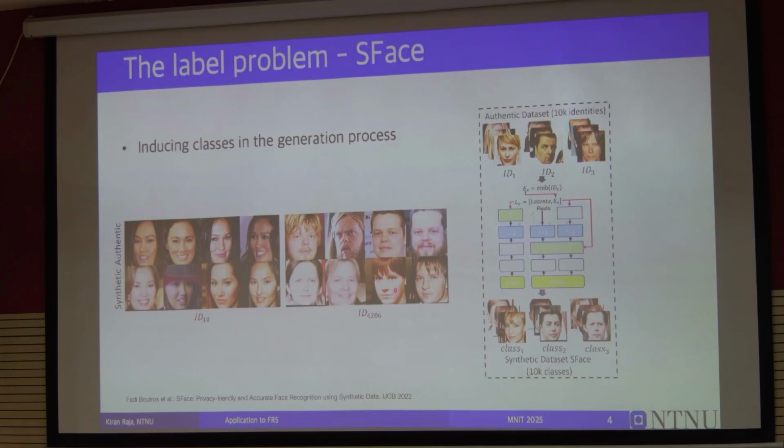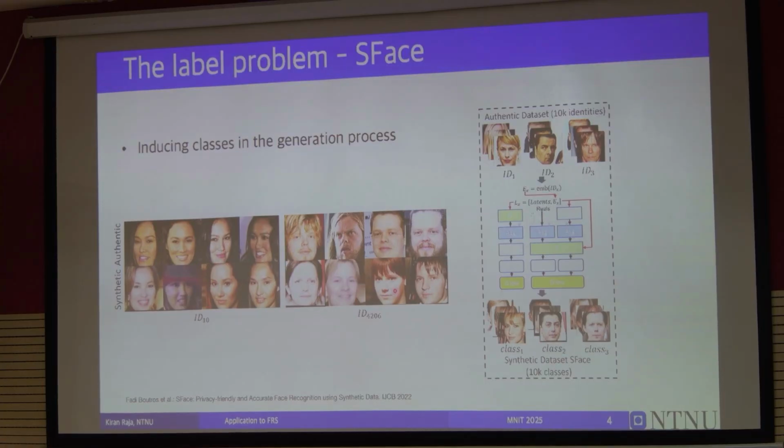Based on some identity which is available in the training dataset, I can create new samples. So you can introduce new classes, which is a very effective method for creating synthetic data, right?